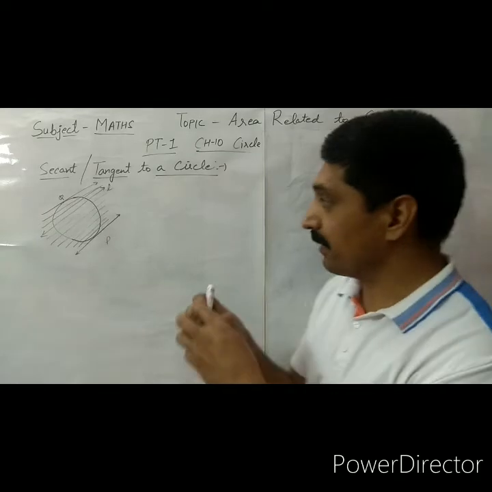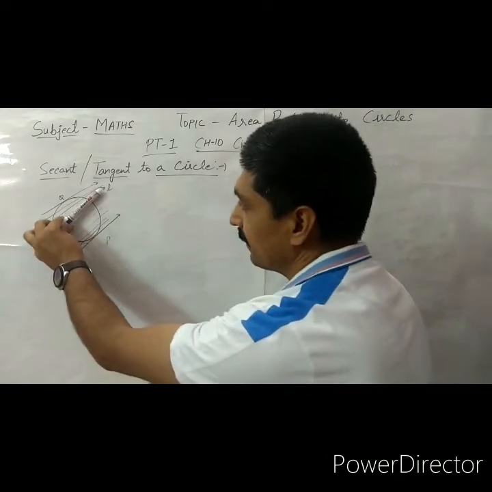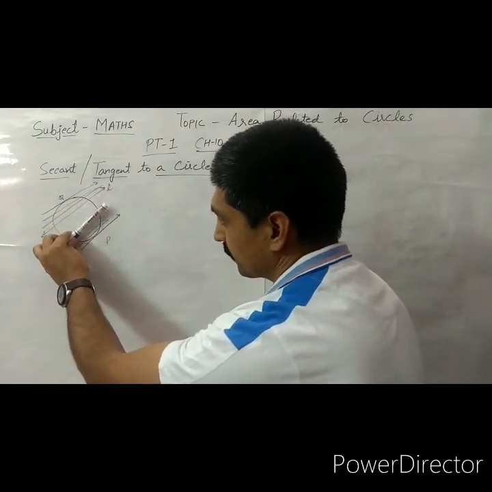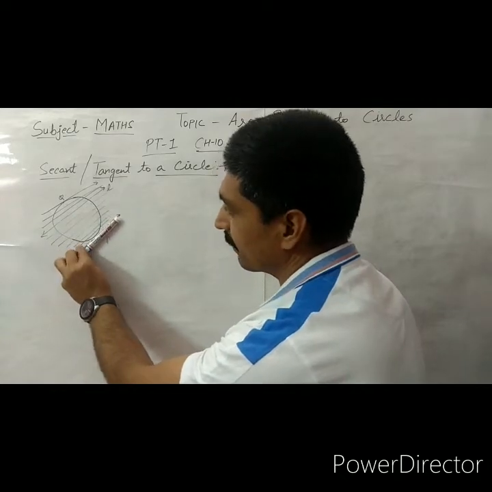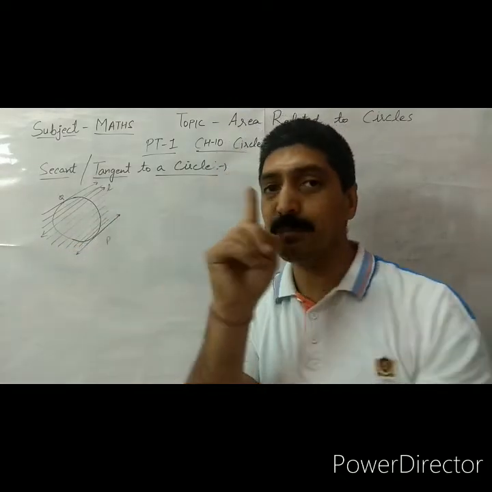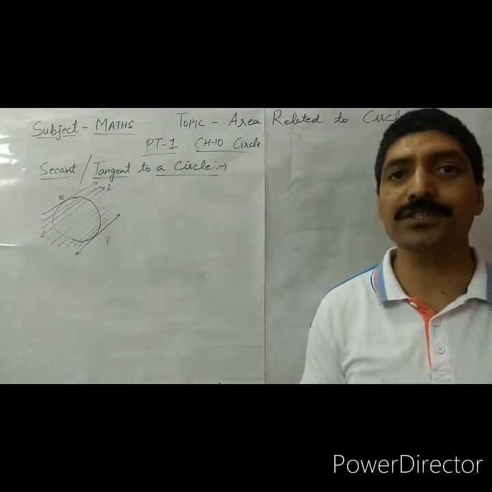So a tangent is, if this is the line L and I bring this line here, just touching a circle at a single point, it is called a tangent to a circle.